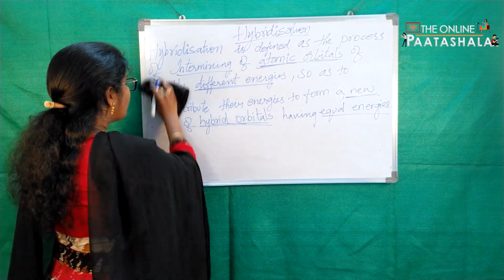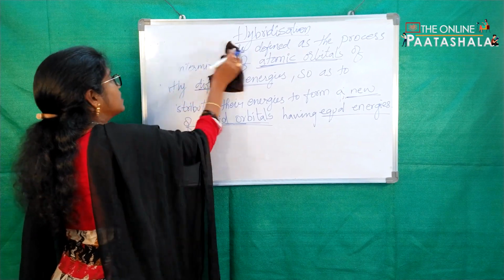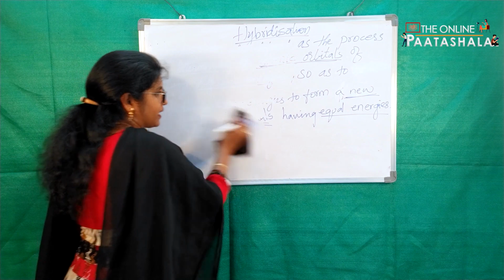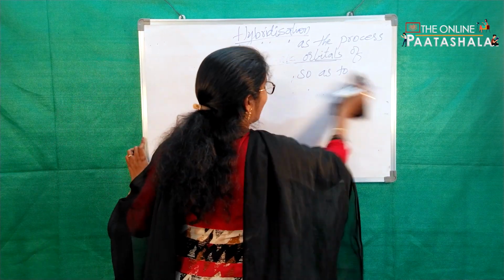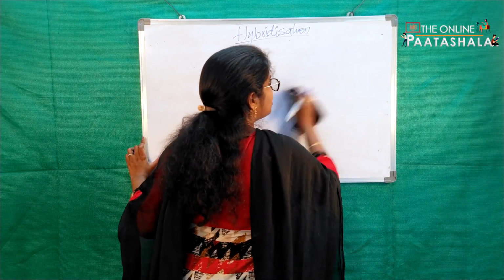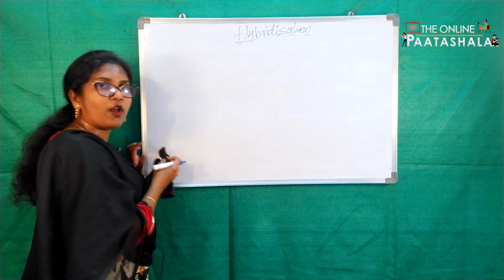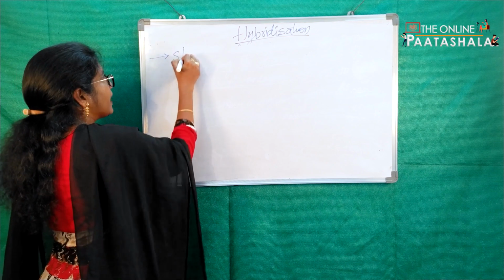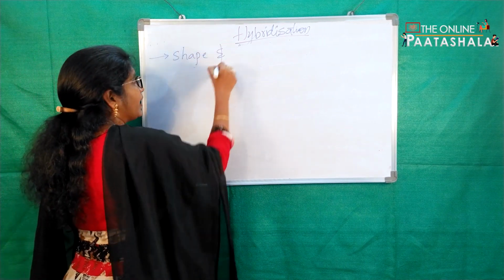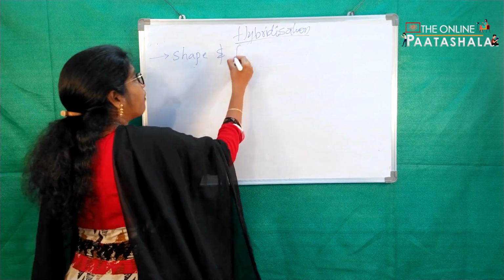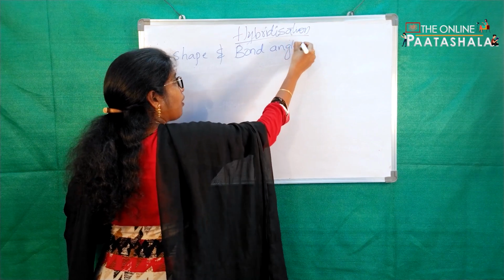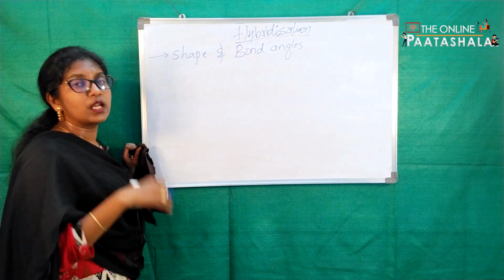Now we will see the features of hybridization and what this hybridization actually involves. By doing this hybridization, you can know a molecule's shape, and you can tell the bond angles of that particular molecule.